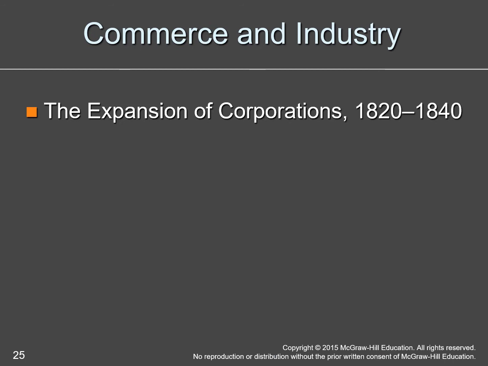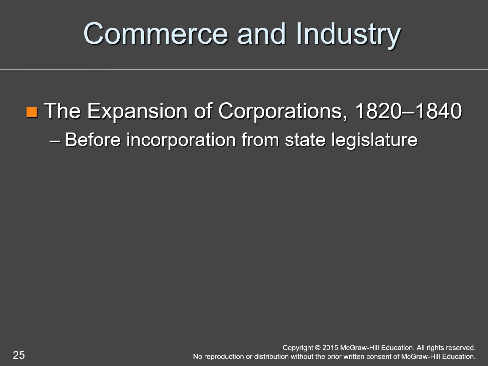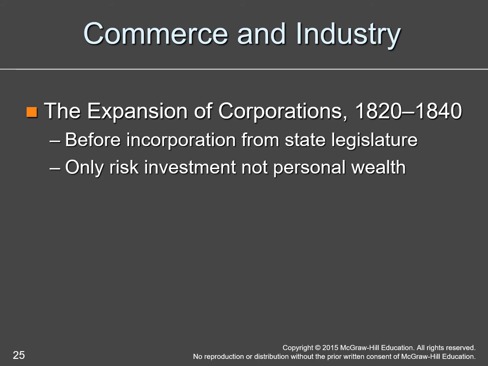What happens is we get the expansion of corporations at this time period, 1820, 1840. Before, it was difficult to incorporate. You had to go to each state legislature and they had to approve your corporation. And people thought corporations were cheating, because in a corporation, and this is why you would incorporate, you only risk your investment, not your personal wealth.